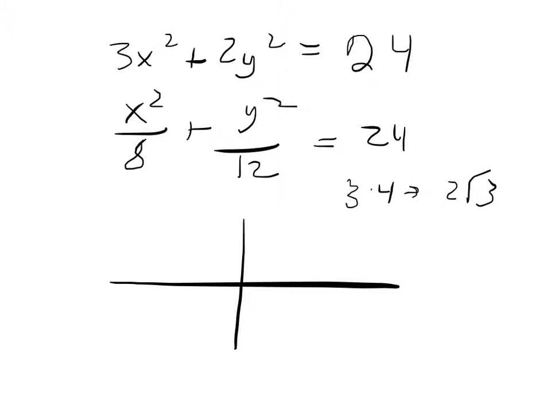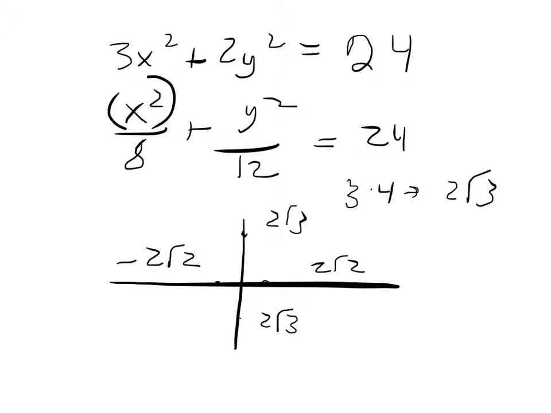So I'm looking at a y-intercept of plus or minus 2 root 3. And I then know that my x-intercepts, zeroing out y, I want x squared to give me an 8, so that's going to be 2 root 2. And 2 root 2 clearly is smaller than 2 root 3. And so my ellipse is going to look something like this.